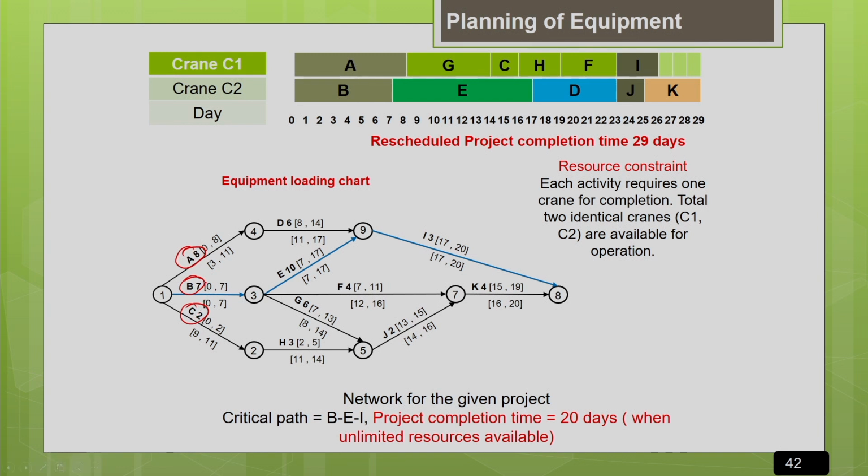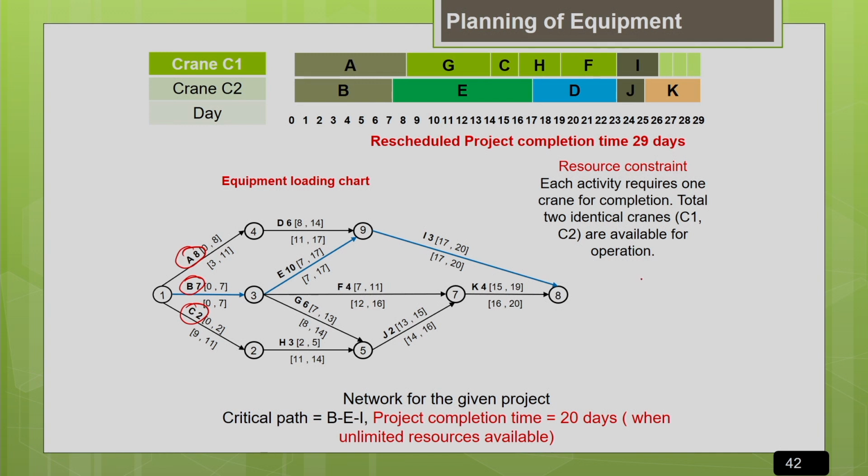All 3 activities require the crane, but you have only 2 cranes. So on what basis can we allocate the resource? Based on whichever activity is more critical, we allocate the crane to that activity. The activity with the least float, meaning the least latest start time, gets the crane first.